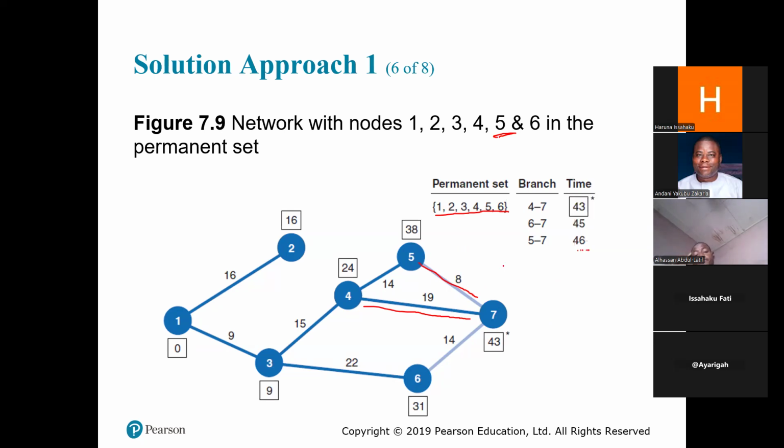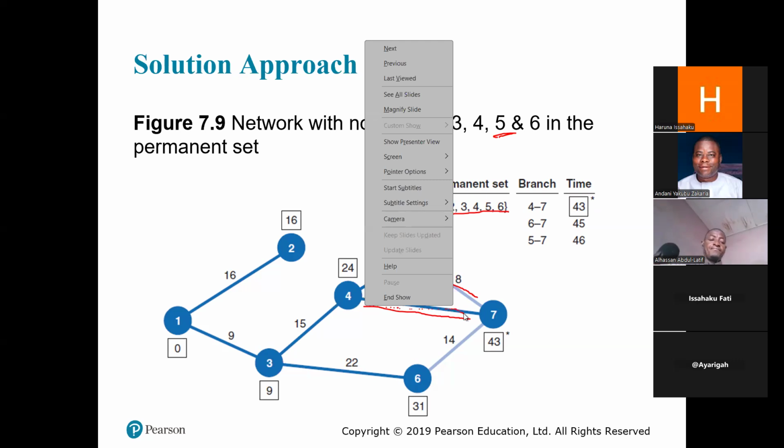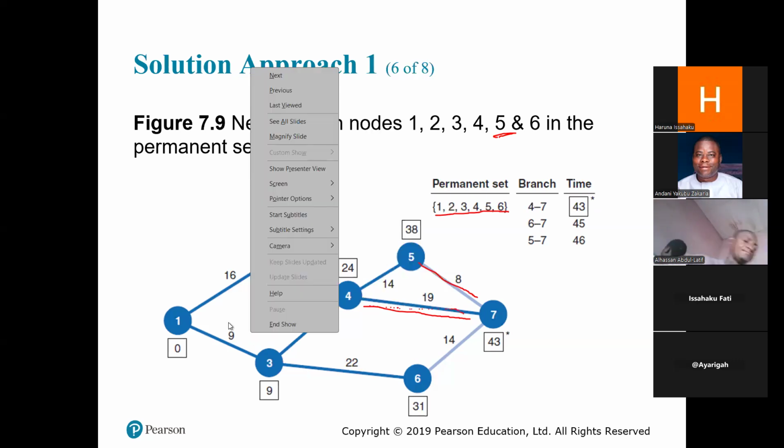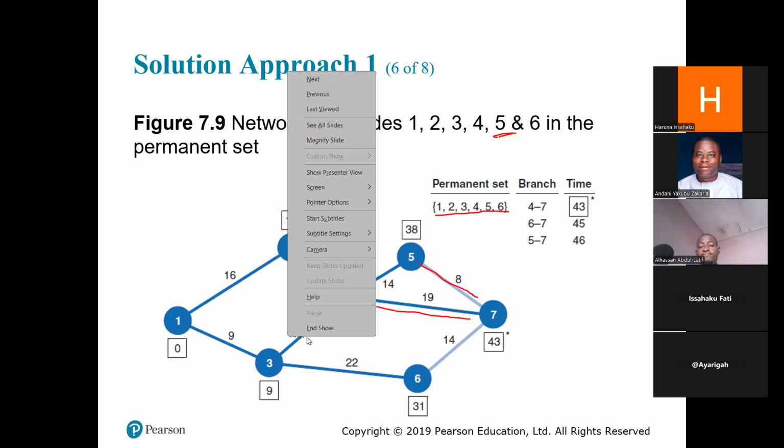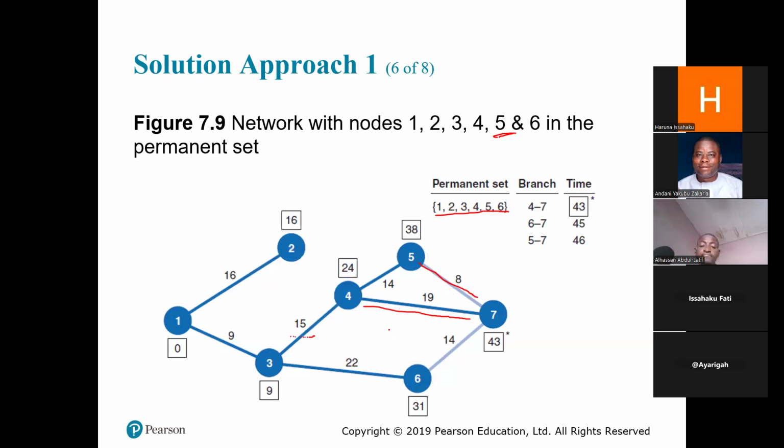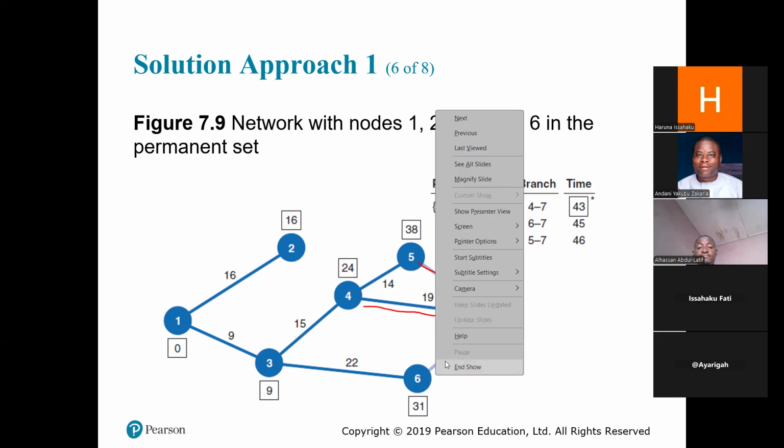Okay, then 4 to 7 will be 9 plus 15 plus 19, which will give us 43. Then 6 to 7.